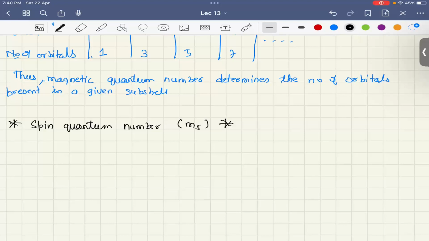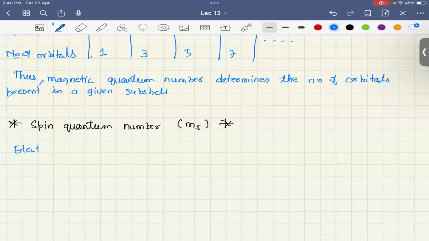Instead of giving the number ms equal to plus half or minus half, the two orientations could also be explained by arrow way of understanding it, right? So let us write this down.